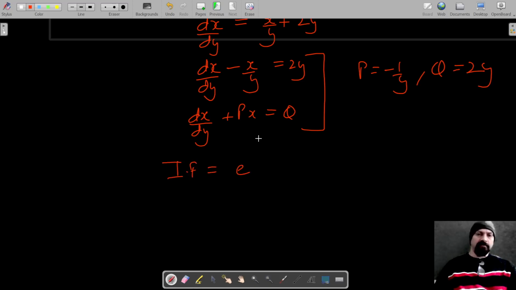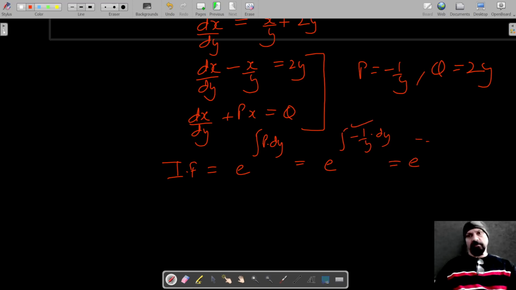So integrating factor is equal to e raised power integration of P dy. So this is integration of negative 1 by y dy, which is negative log y, and this can be written as e raised power log 1 by y, which is equal to 1 by y.